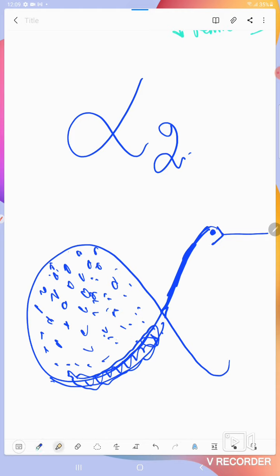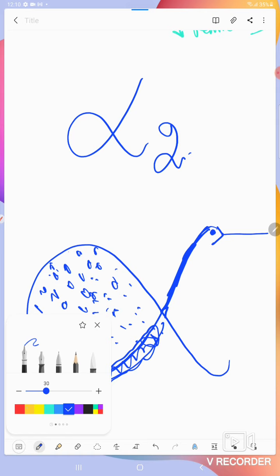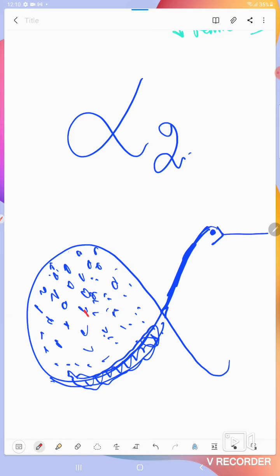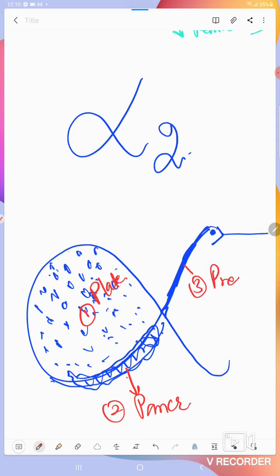What are the different places where you have the alpha 2 receptors? There are 3 places. The first one is the platelets, the second is the pancreas, and the third is the pre-junctional neurons.